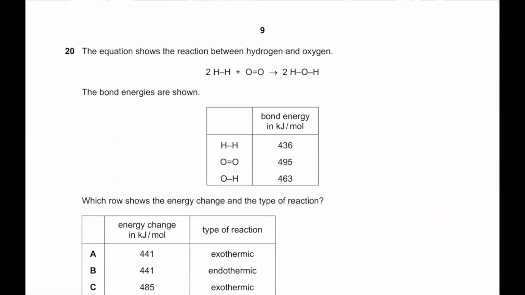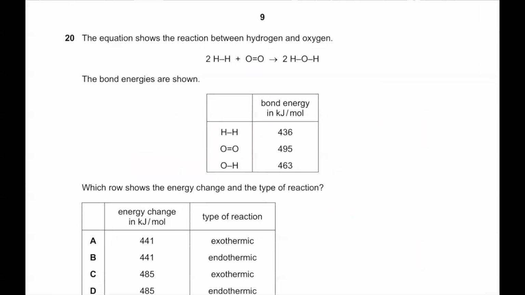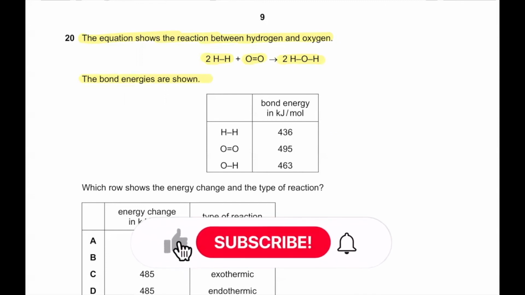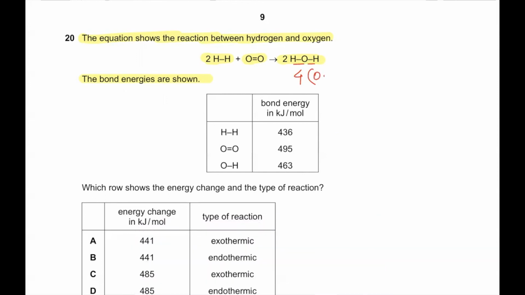Question number 20, guys. This is the last question for this video. The equation shows the reaction between hydrogen and oxygen: 2 H2 plus O2 gives 2 HOH. The bond energies are shown. The bond energies are shown, that's really fine, but we don't usually have the bonds in hand, because here there are 2 OH in each water, so there will be 4 OH.